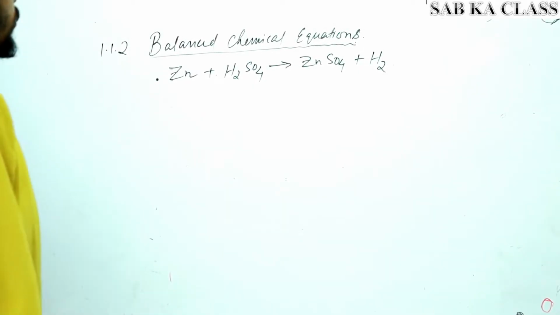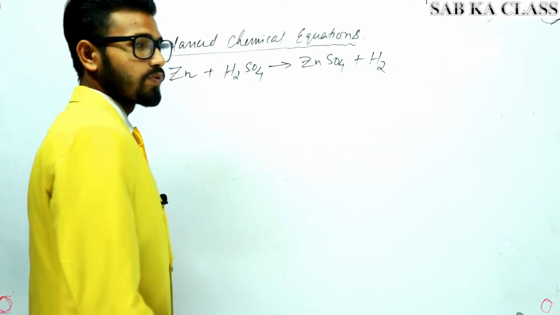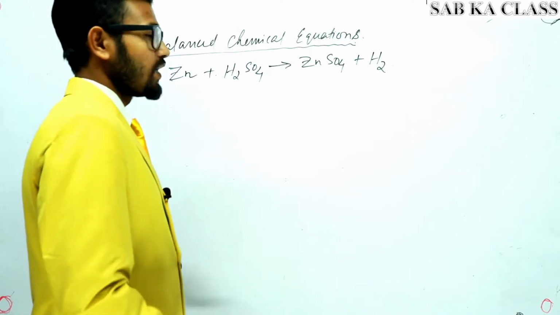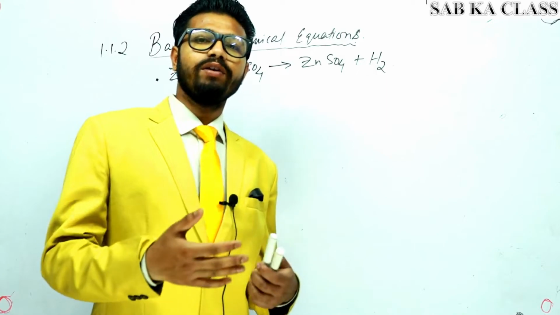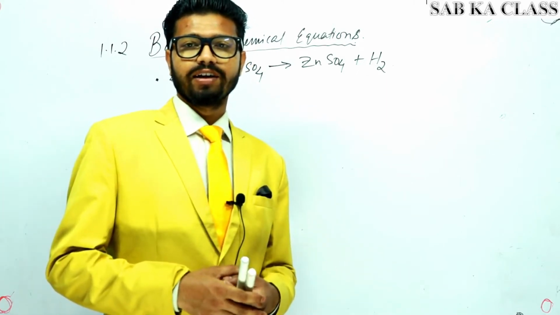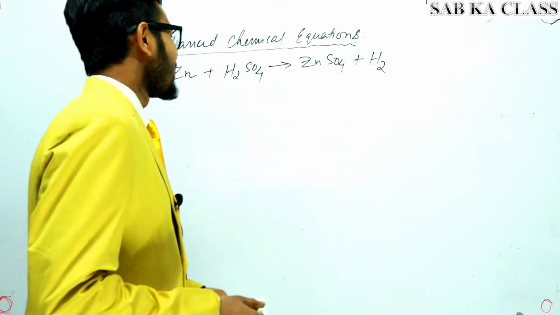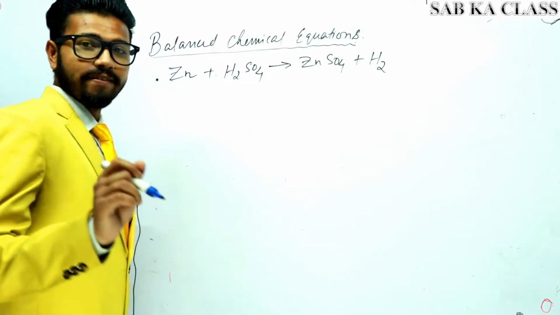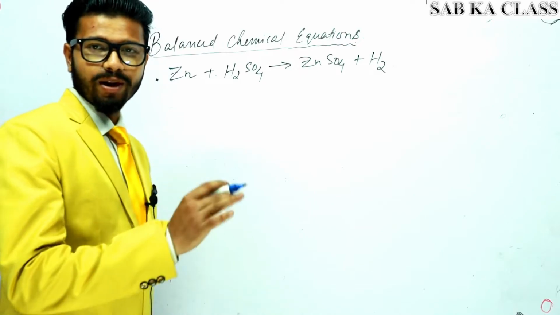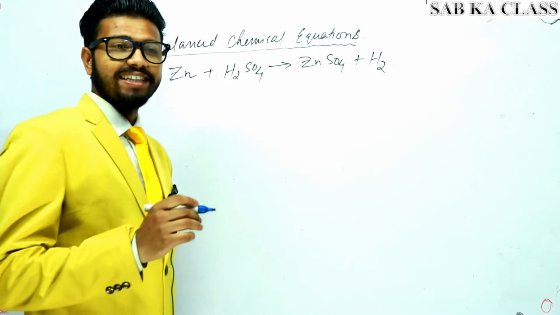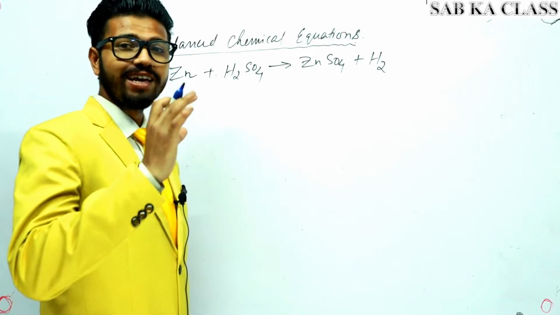So here goes one more question. This question is from your NCERT. First of all, we'll try to clear all the NCERT questions, and then we'll deal with some other extra questions. And remember one more thing, in your examination you will not be given the direct formula. You will be given the word reaction.